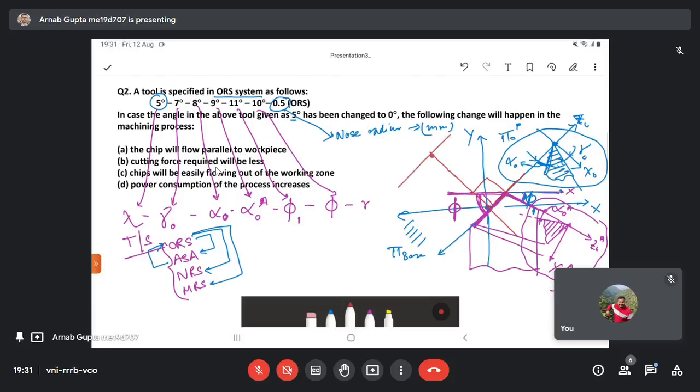Now if you try to visualize the tool from this direction, say your eye is fixed here and you are trying to visualize the tool on the cutting plane. Your cutting plane contains this principal cutting edge. So if you visualize your tool there, you will be able to see something like this.